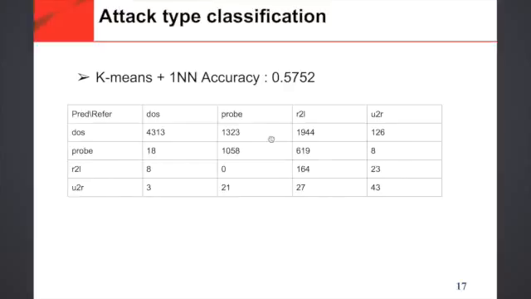We generate 5 centers for each type, and for each testing data, I compare the data with existing centers and see which one is the nearest to this record.